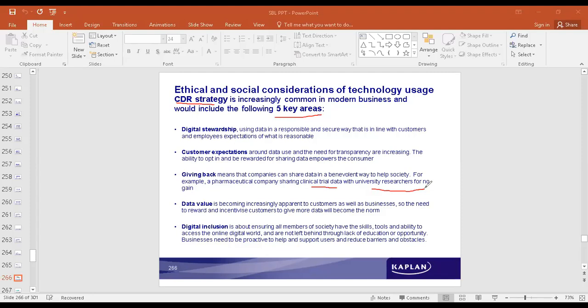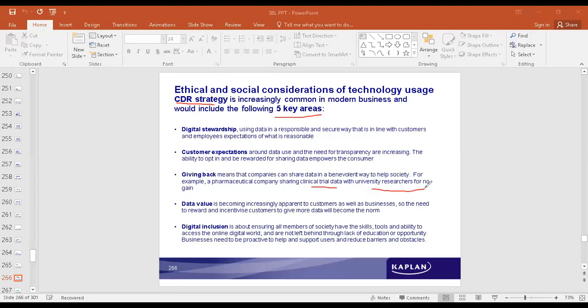So there are five key areas of corporate digital responsibility. That is to be willing to serve other stakeholders, with reference to the customers and employees, and meet the customers' expectation in how their data would be used. Then giving back: as they get benefit out of the data that was shared with them, they should also be willing to share it with others for some benefit of society.